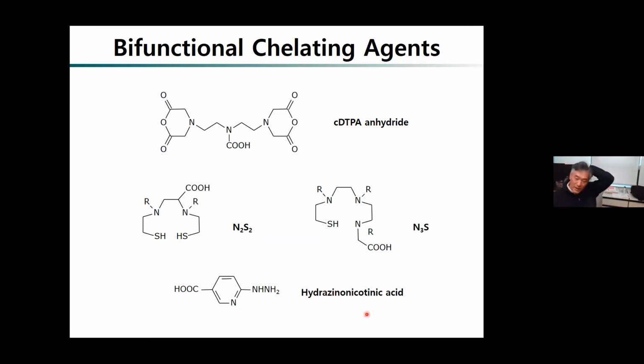HYNIC is a popular technetium labeling agent, but the HYNIC group provides only three coordination number, so we should use a co-chelator for technetium labeling with the HYNIC group.